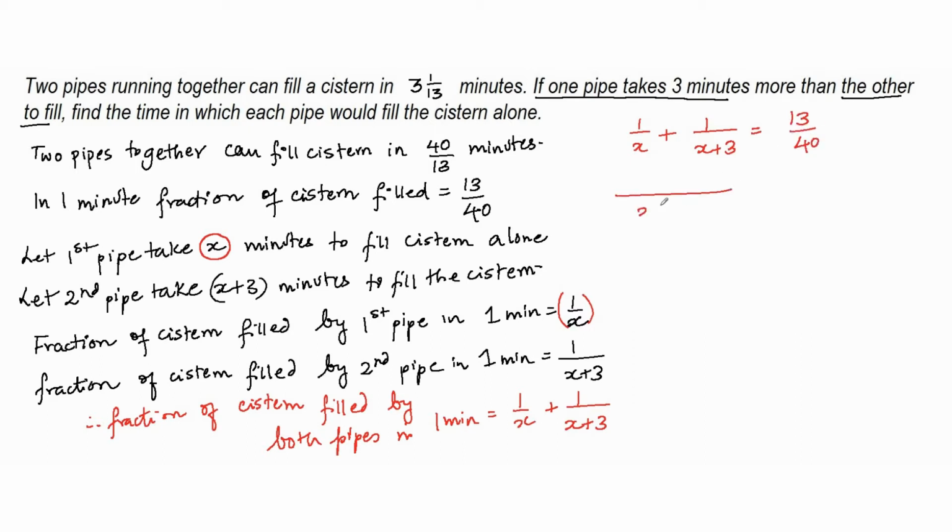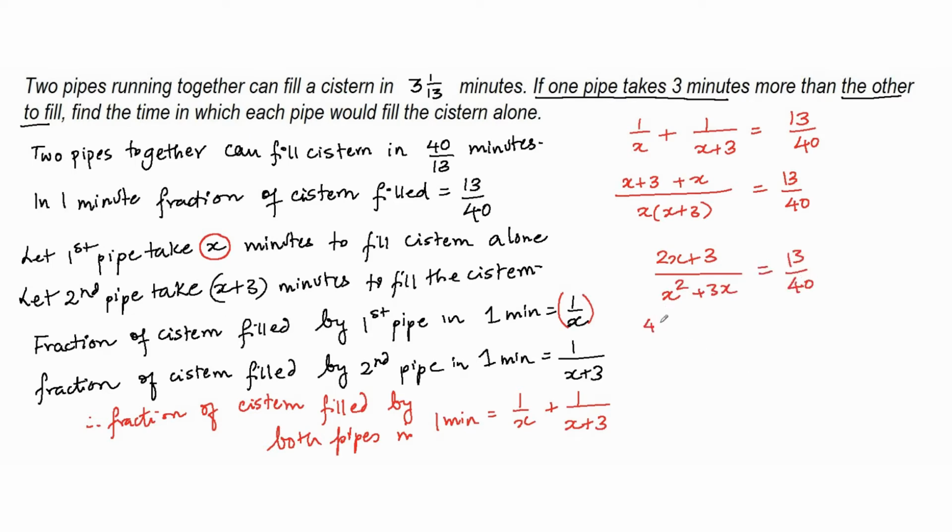And now the LCM is going to be x into (x plus 3), and the numerator becomes x plus 3 plus x is equal to 13 upon 40. So this becomes 2x plus 3 divided by x square plus 3x is equal to 13 upon 40.